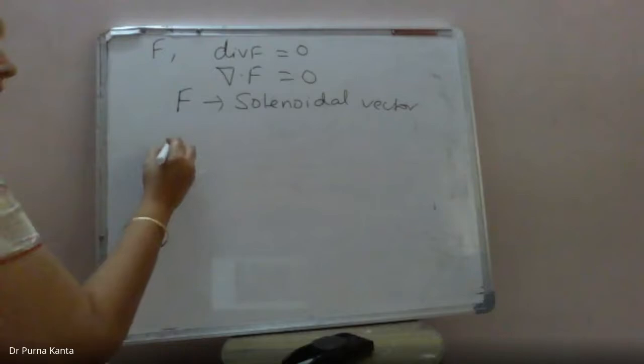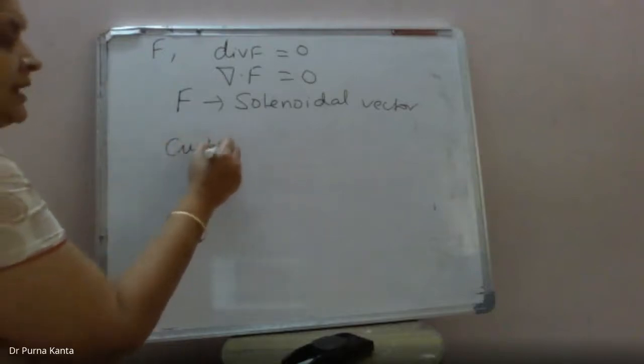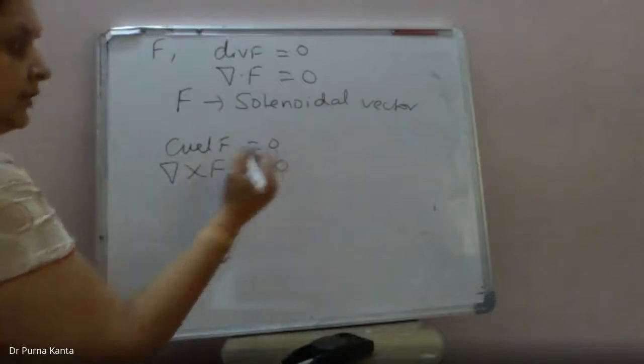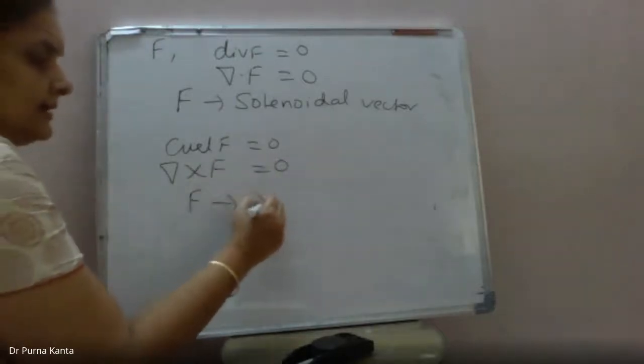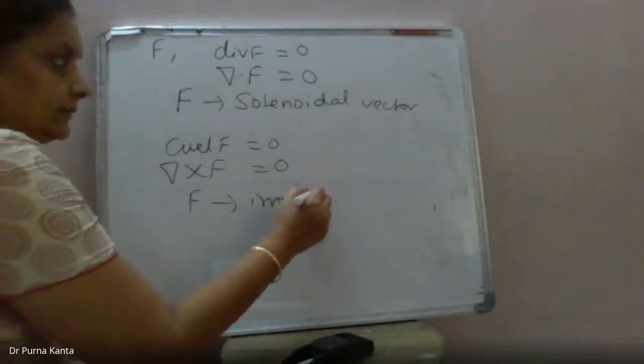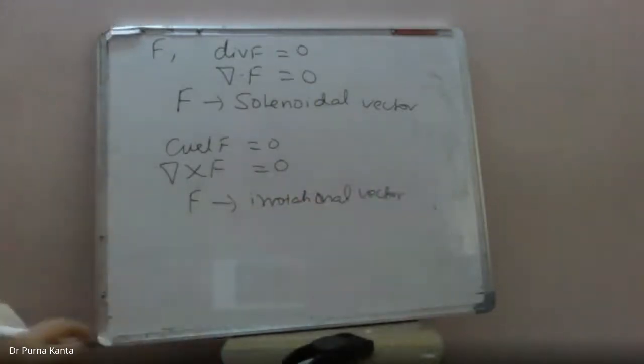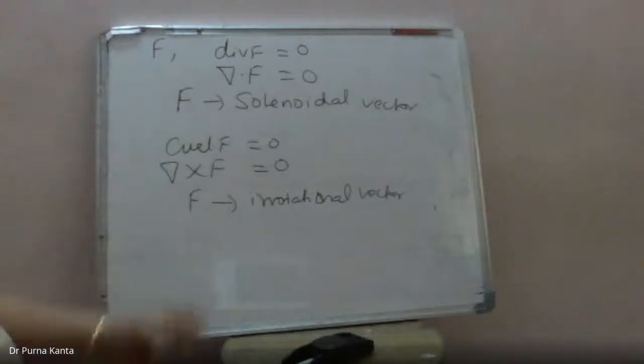Similarly, for any f, if curl f is equal to 0, curl f means del cross f is equal to 0, then f is called an irrotational vector. F is said to be irrotational if curl f is equal to 0. Today we'll do some problems related to these concepts.